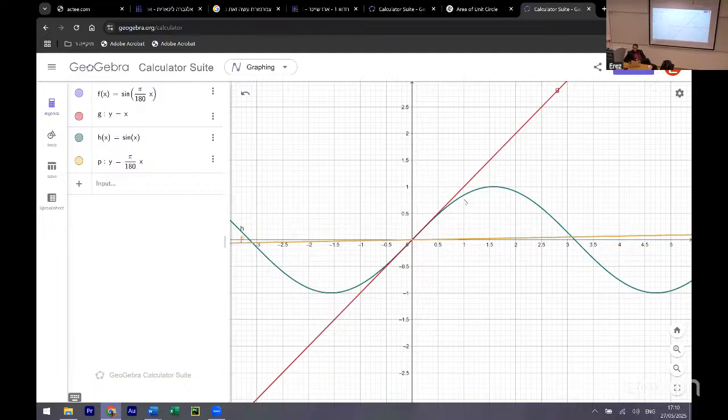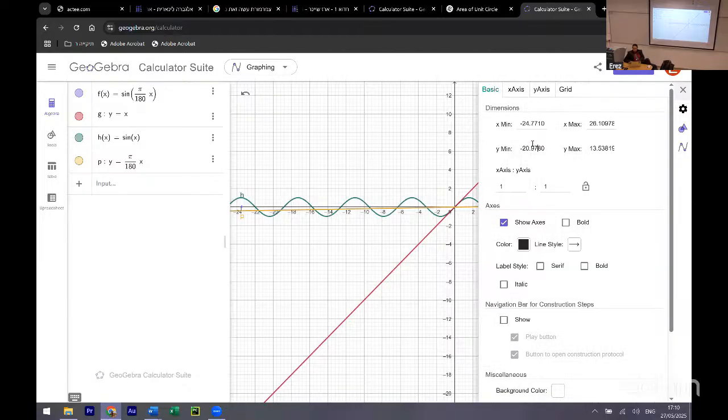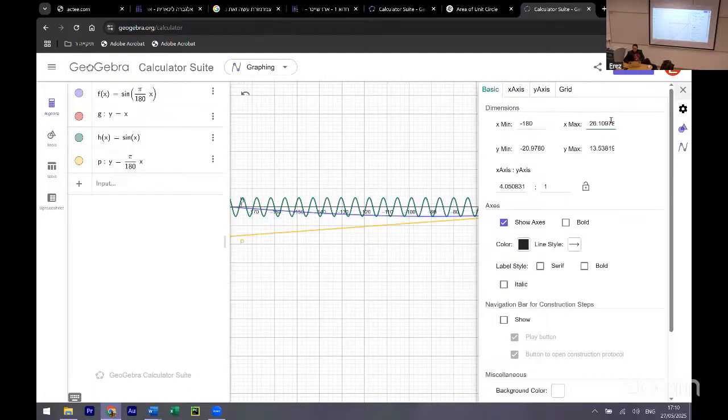And if I zoom out, I need to zoom as before. Settings, and the x goes from minus 180 to 180.